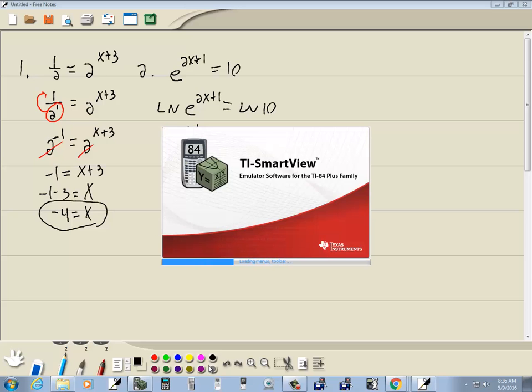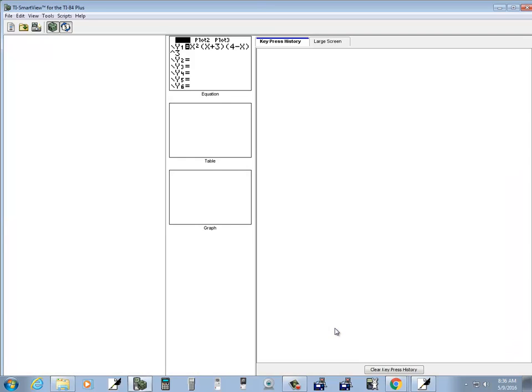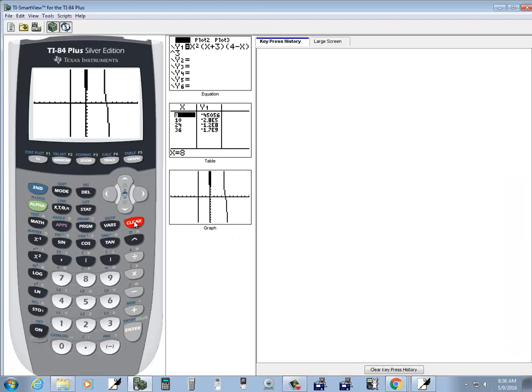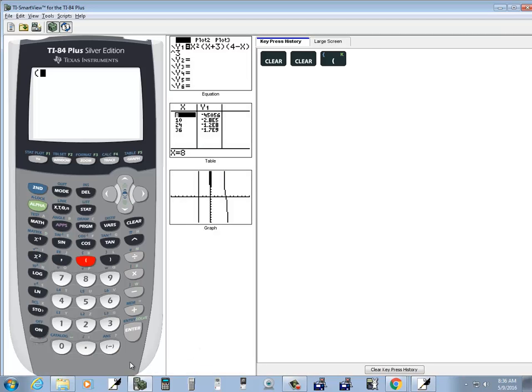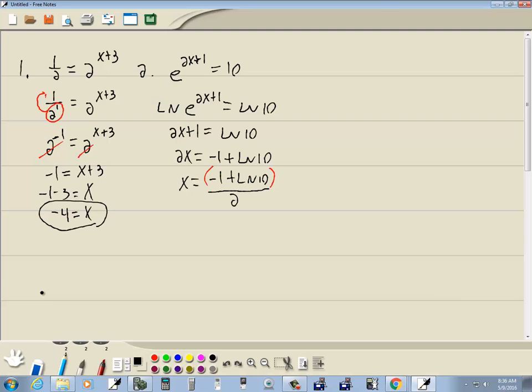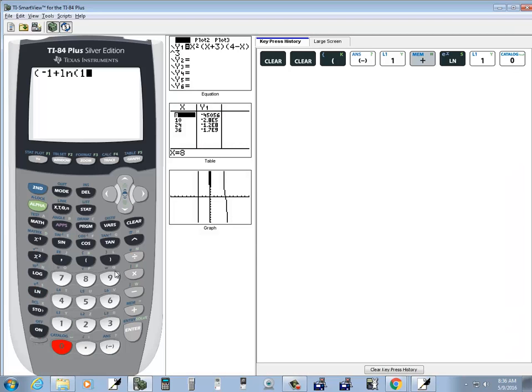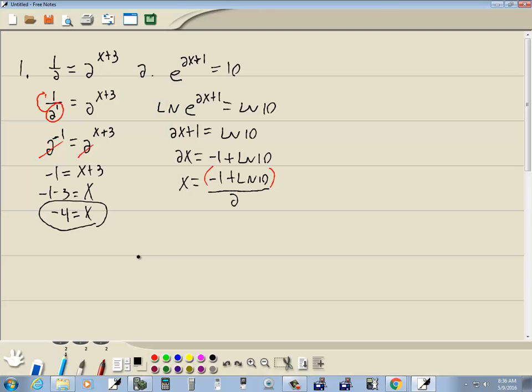So on this one, as soon as my calculator comes up, put a beginning parentheses and negative 1 plus natural log of 10, closing parentheses on natural log, closing parentheses on numerator, divided by 2.